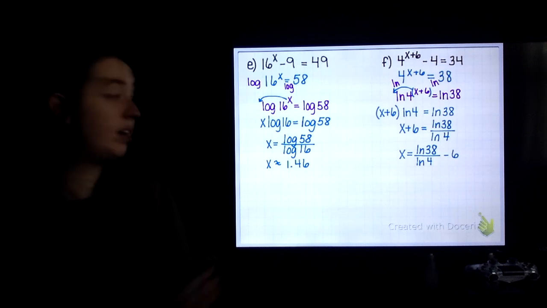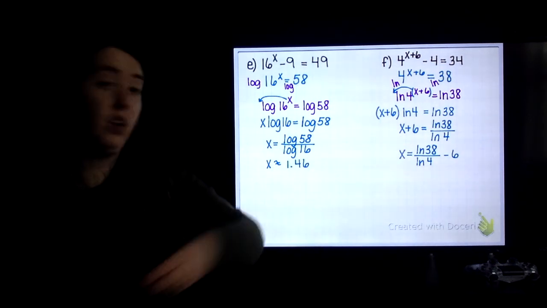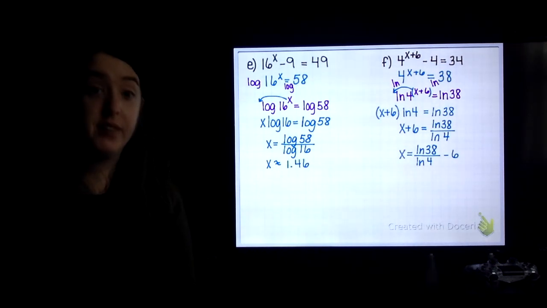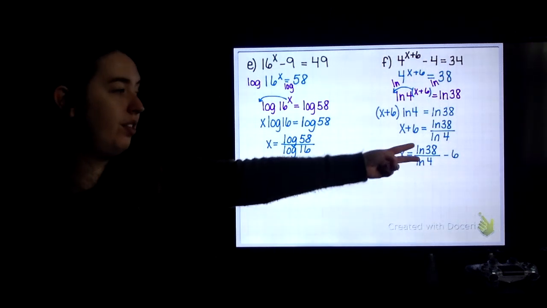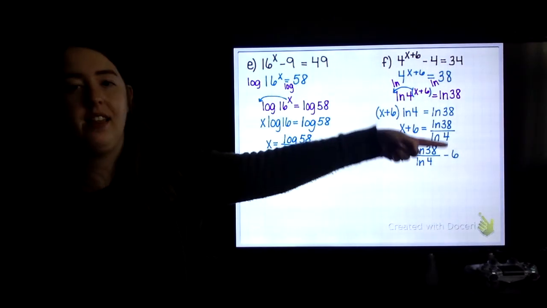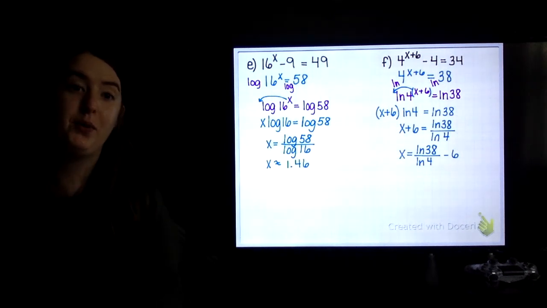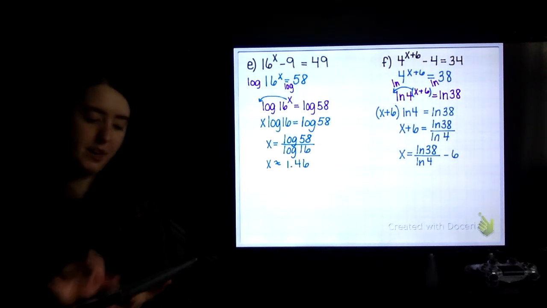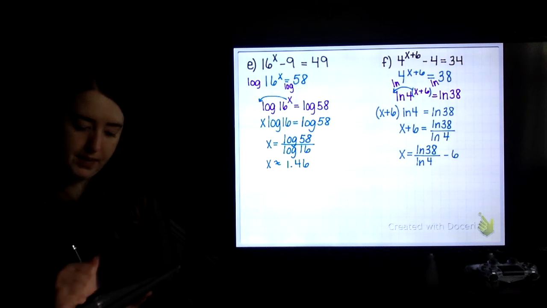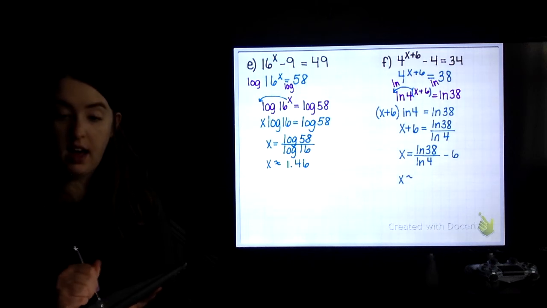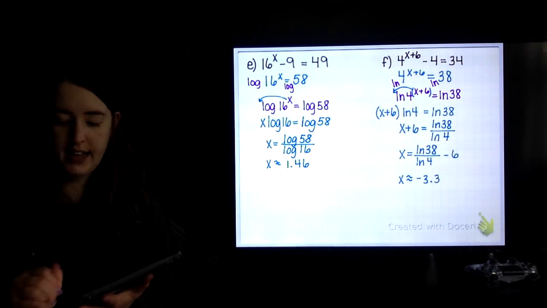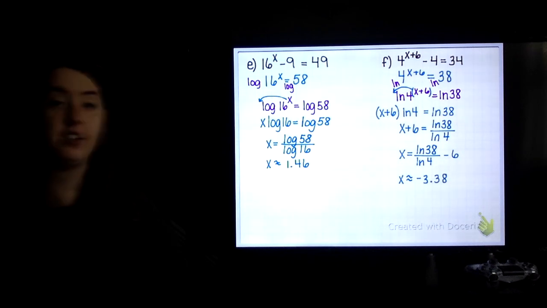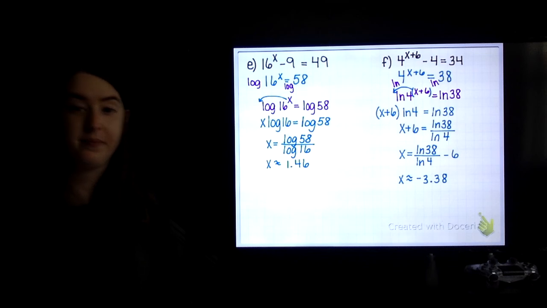So like we talked about earlier, our natural logs will not cancel out because remember, e undoes a natural log. So these will stay like this. This is my exact value right here. If I needed an approximate value and I popped it in my calculator, I got negative 3.38, just in case you're making sure you're getting the same amount as I am.